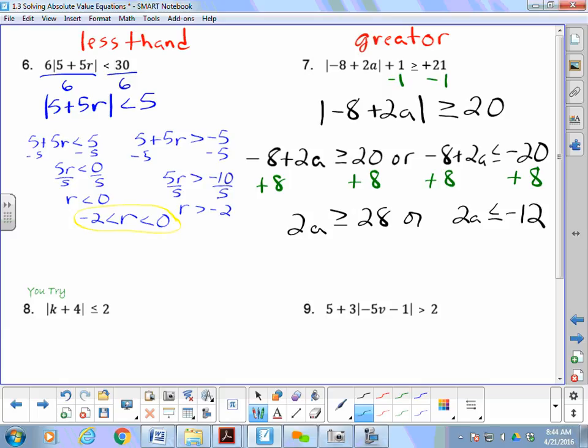So when you're done, we have A is greater than or equal to 14, or A is less than or equal to negative 6. Right, when I divide by 2? Greater than or equal to 14, less than or equal to negative 6.